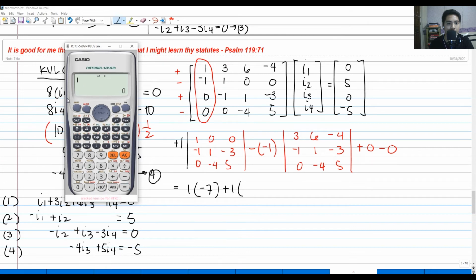Okay, so we store that. Simply press AC and then shift matrix, determinant, shift matrix of 3. So matrix A. That is technically equal to what? We have 25.